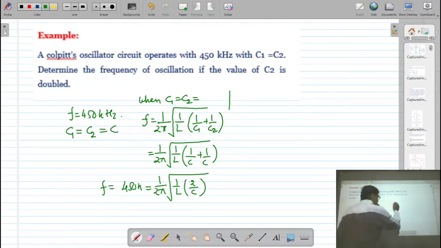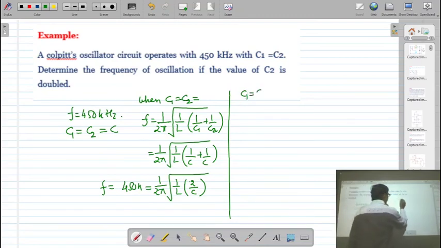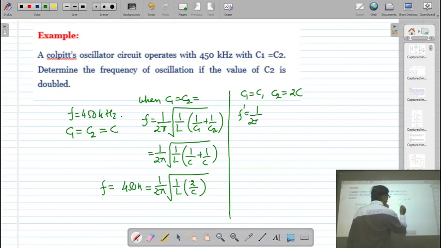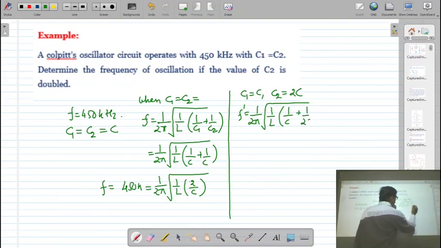Now in another case, the C1 is as it is, that is C, and C2 is equal to 2C. So capacitance is going to be double. So the frequency of oscillation is given as 1 upon 2 pi under root of 1 upon L into (1 upon C plus 1 upon 2C).